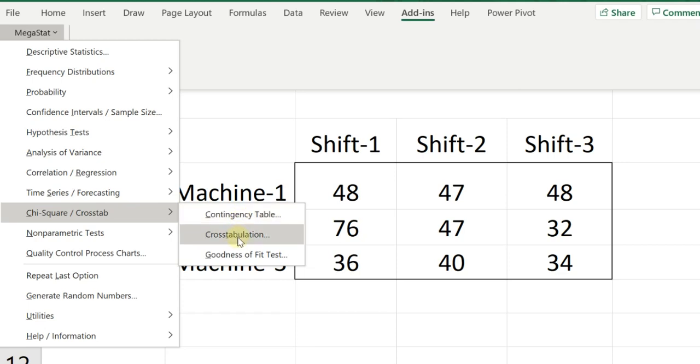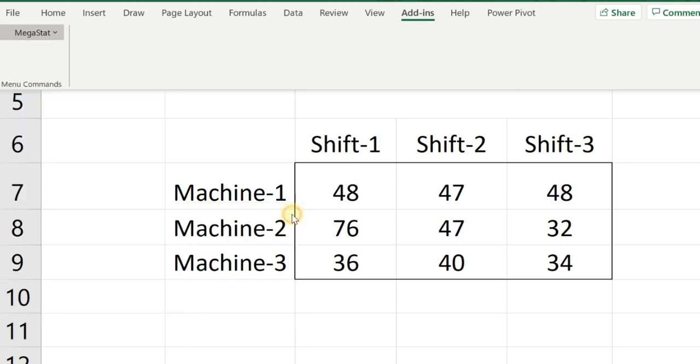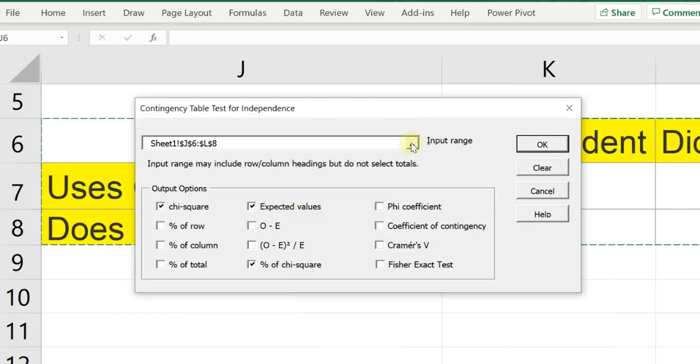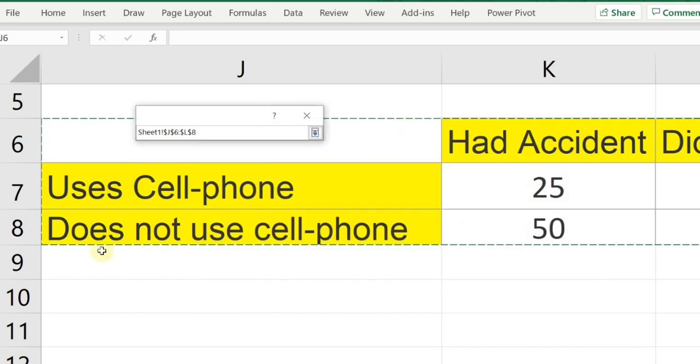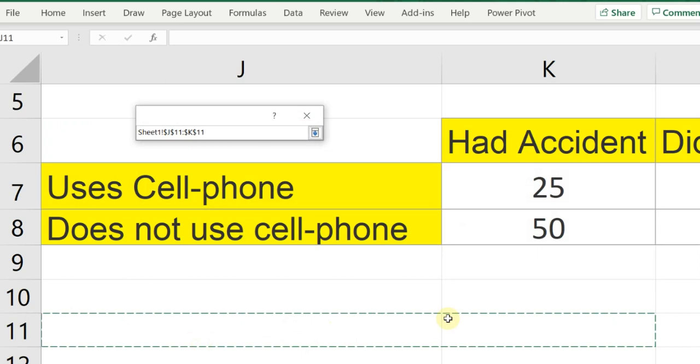We can actually do the other 2, but this is the easiest. The other 2 take longer to do, and we have to do more work. So let's just go to contingency table. See that? Click, and our input range, because I ran it before, let me show you this. Don't worry about the stuff here.